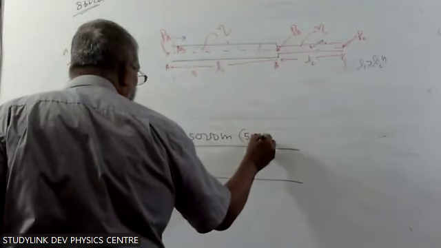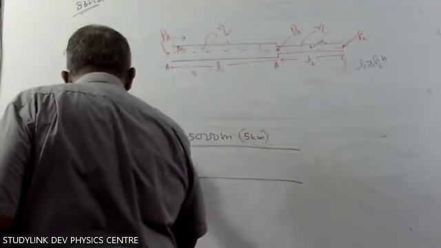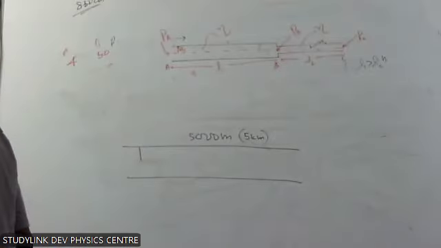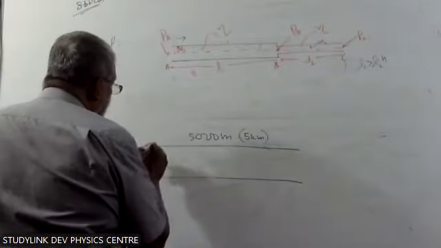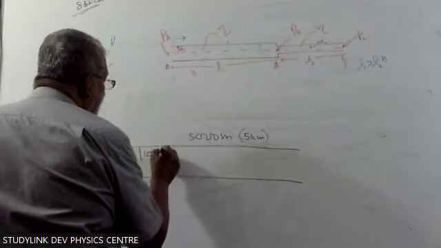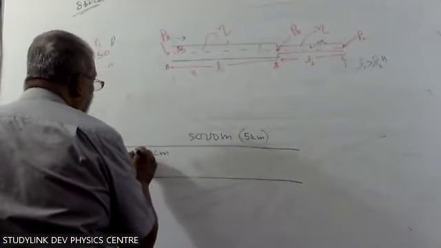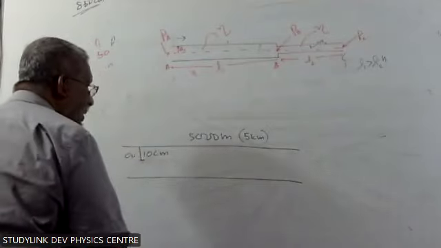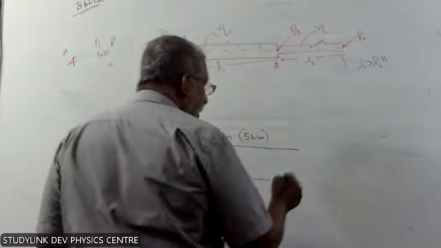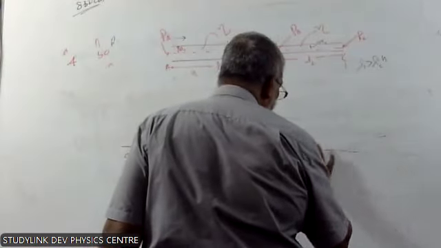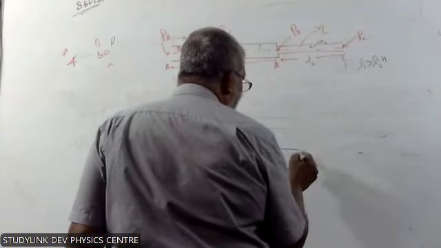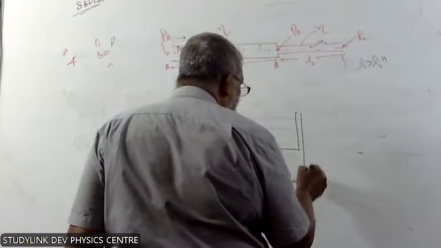And its diameter is given as 10 cm, because diameter is 20. After that, it goes like this. After that, it bends and goes to the house.